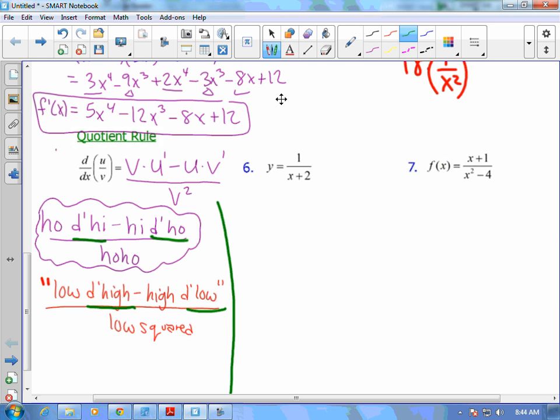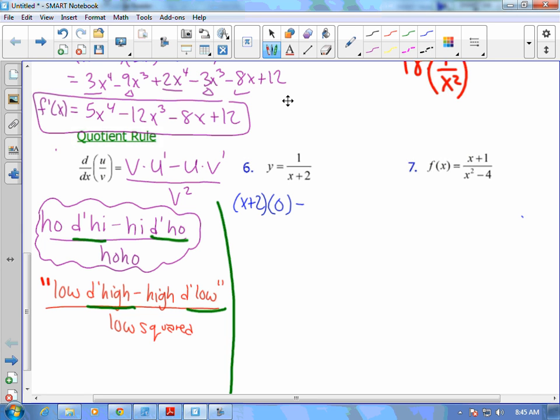So, let's see what that means on number 6. Okay, ho, low, ho and low. It's the low guy, x plus 2, D high, times the derivative of the high. What's the derivative of 1? 0.